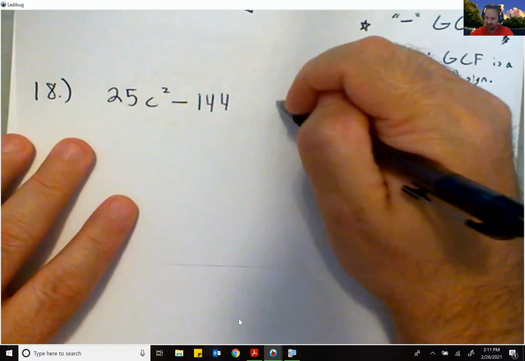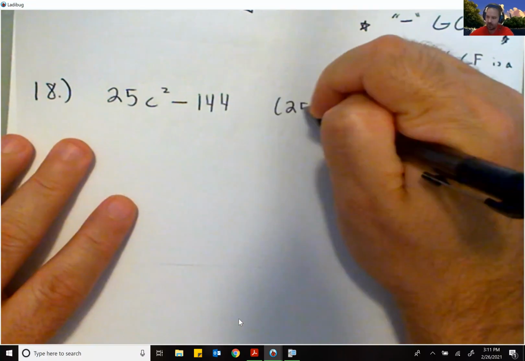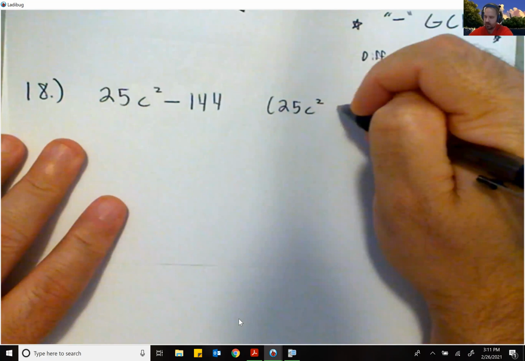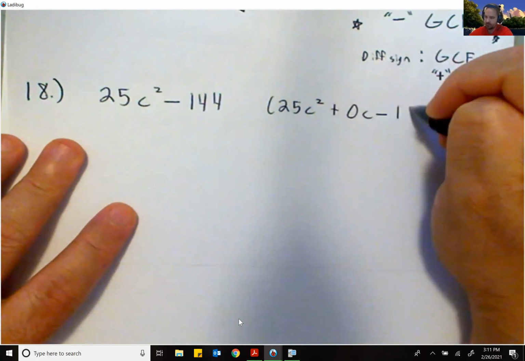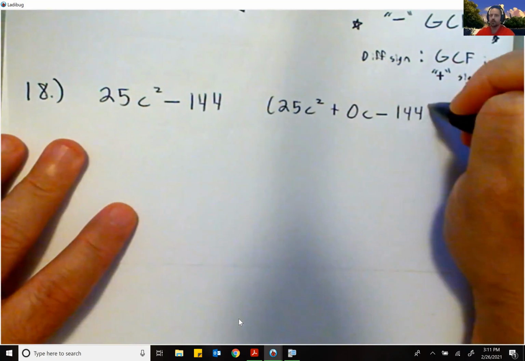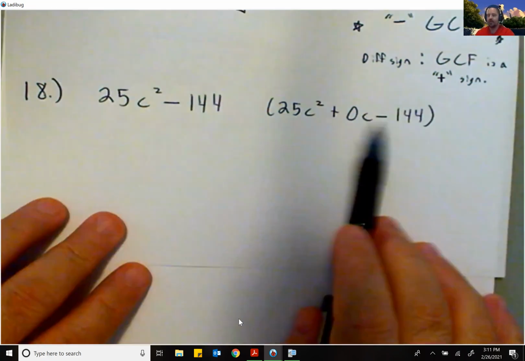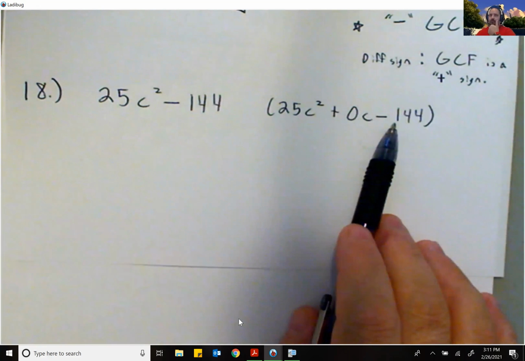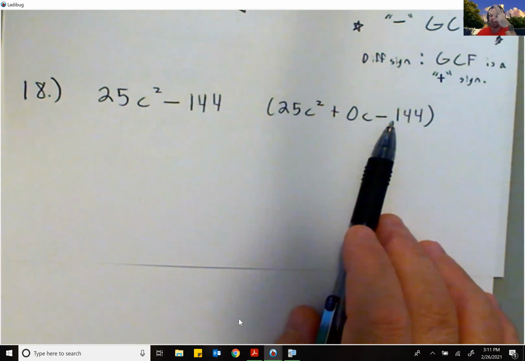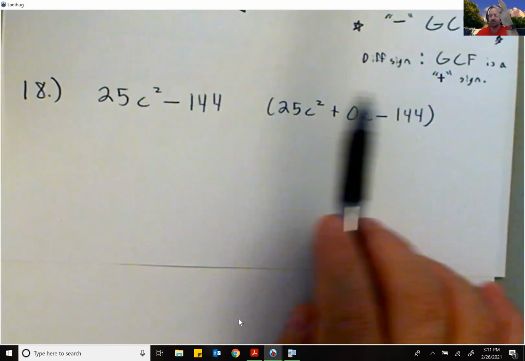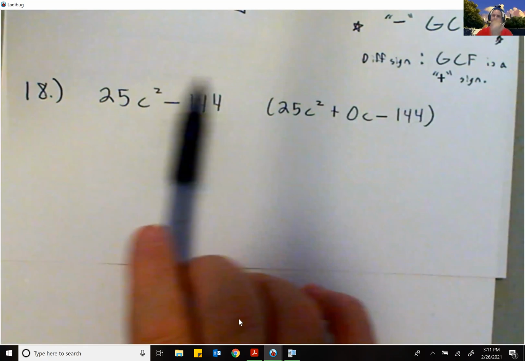So if I rewrote this like a trinomial, it looks like this. So you could go back and do guess and check. You could go back and do the AC method. You can go back and do the box method. You can do slide and divide on this because it is a trinomial in disguise.